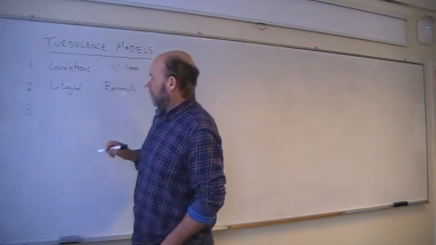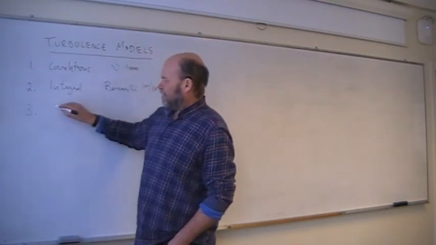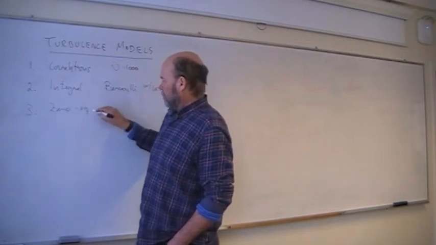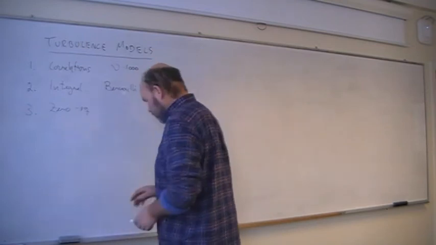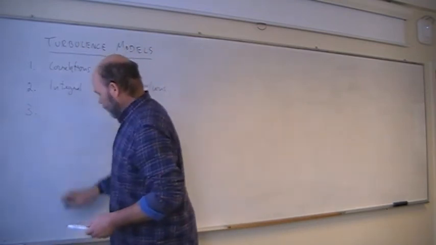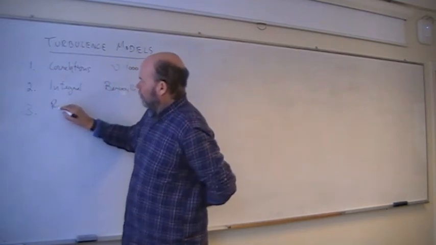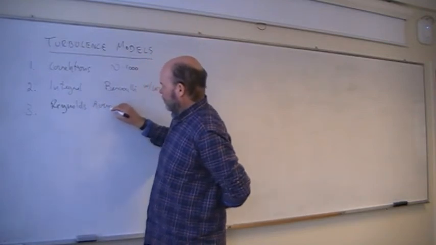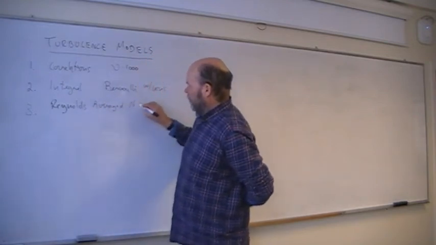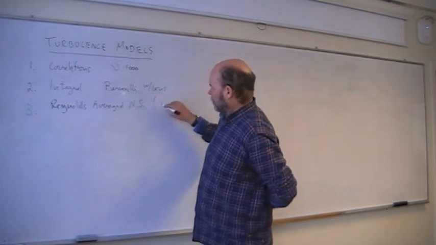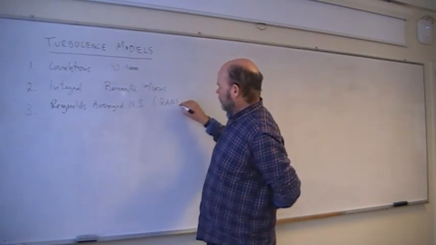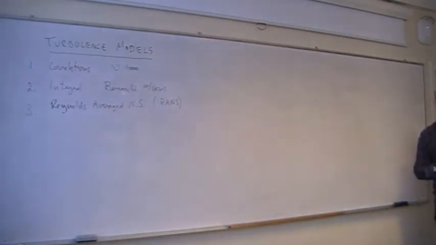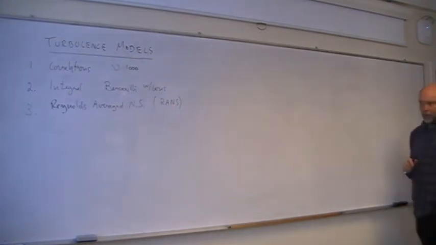And then we are talking zero equation models. Well, actually, before we do that, we should call it Reynolds averaged Navier-Stokes, Reynolds for short. That's a very big family, and there normally you will find your turbulence models.